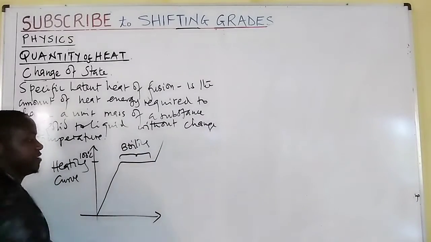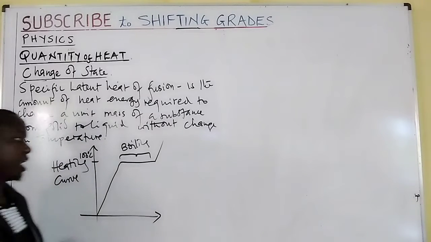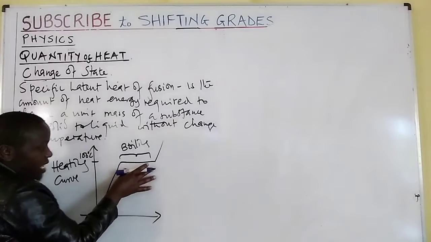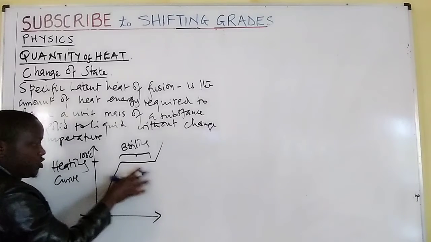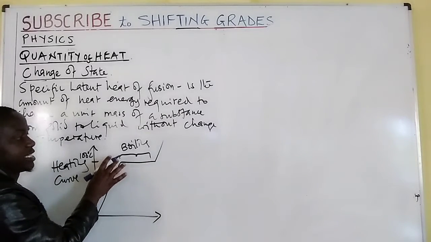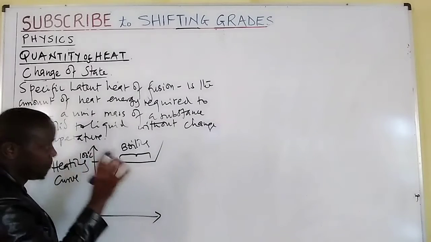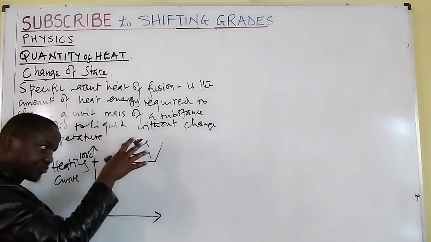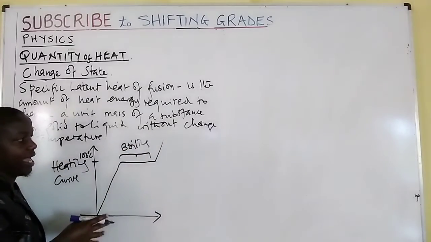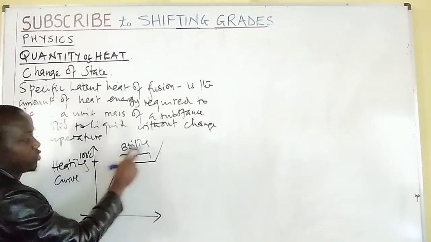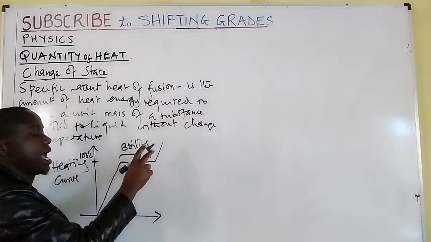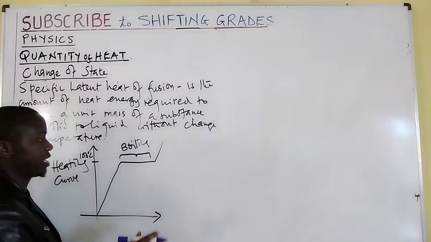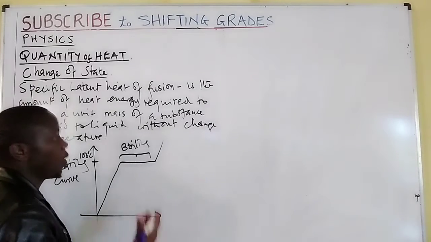And after changing to vapor, the temperature of the vapor can continue increasing. Now, while the temperature is constant, there is some heat being supplied, and that heat does not increase the temperature of the water. It is strictly being used to break the forces attracting water molecules together. And when they break, the water vaporizes or evaporates to a gas.